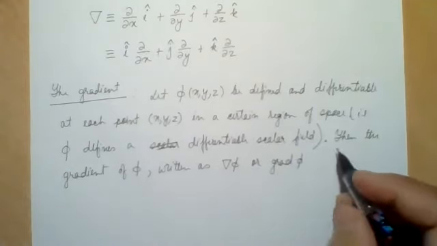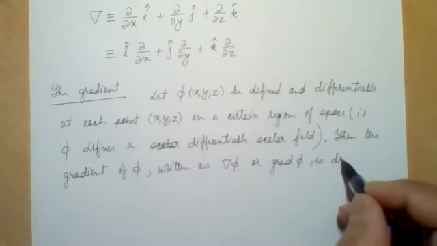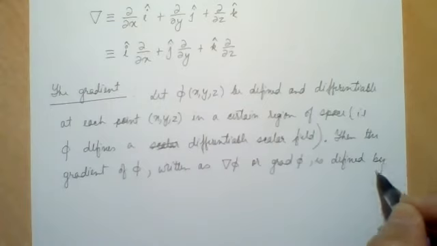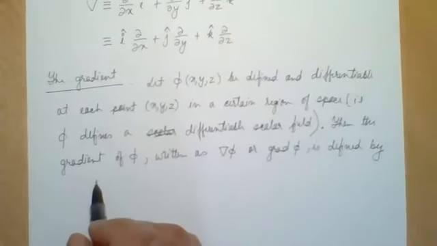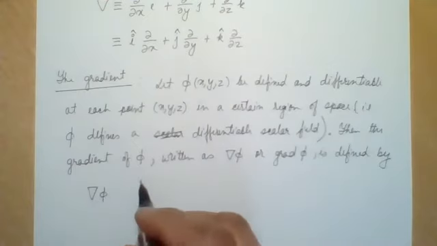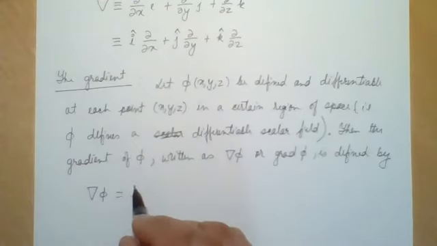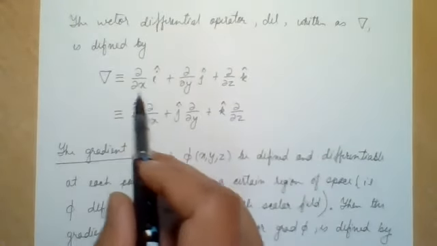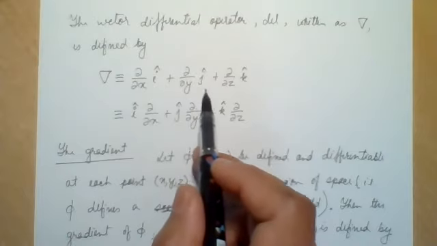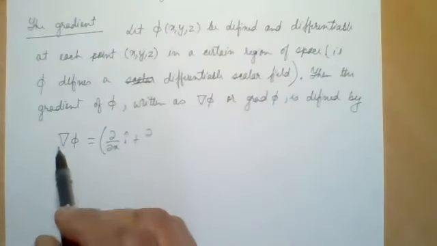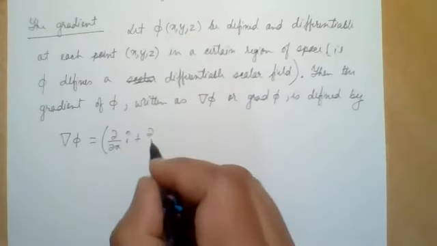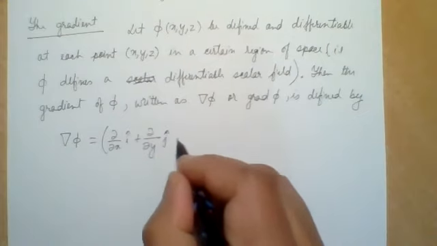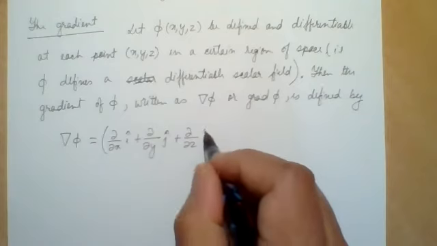Grad phi is defined by del phi equal to del by del x i hat plus del by del y j hat plus del by del z k hat. We have known that this is the del operator.